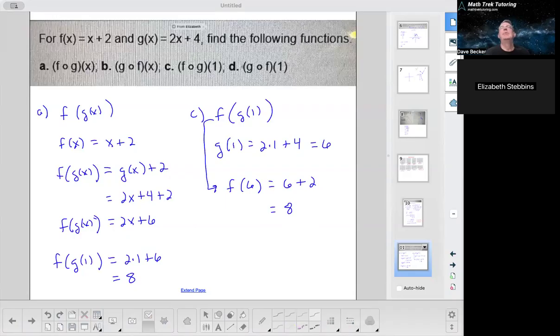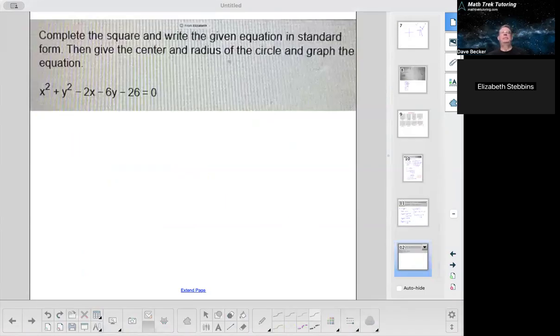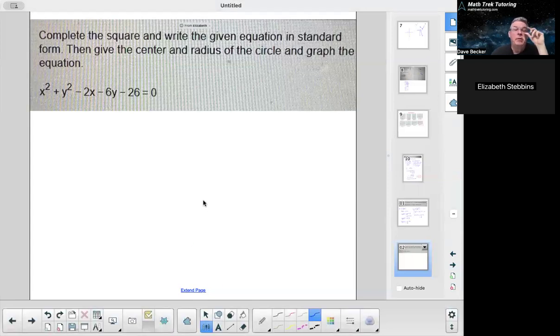Circles. So I think we did complete the square before, didn't we? Yes.